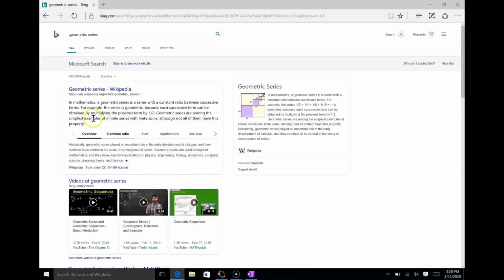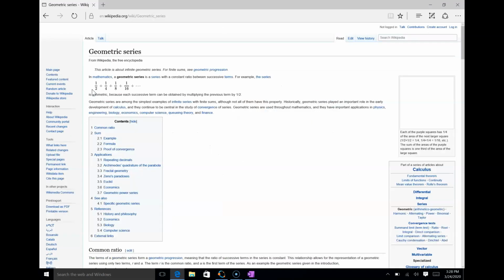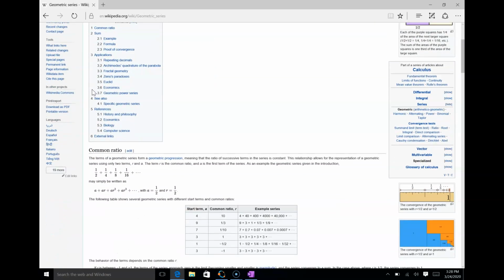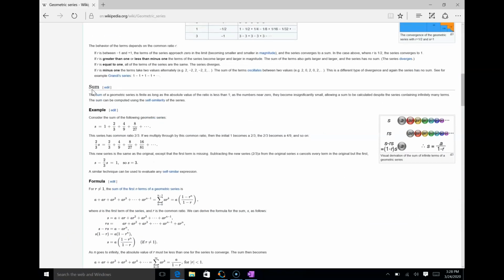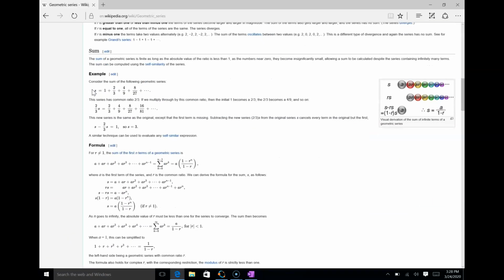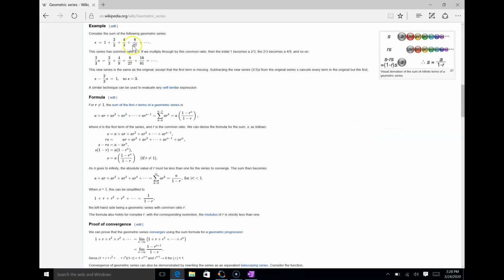Let's go to Wikipedia. Yes, in fact, we see the geometric series right here. Let's figure out what the summation of this geometric series is. Now, this probability is just for this particular case, so it's not going to generalize to all problems.